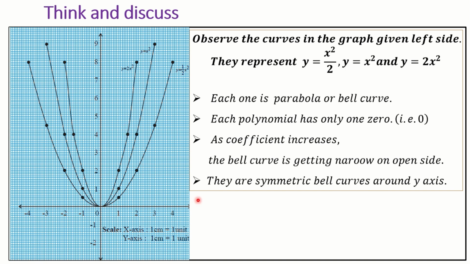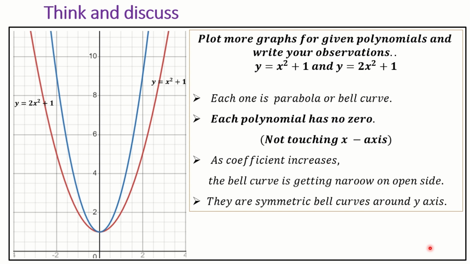So just an observation. Each one is a parabola or bell curve. Each polynomial has only one zero because all are going through zero, right? As the coefficient increases, the bell curve is getting narrow on the open side. They are symmetric bell curves around the axis. So these are the observations which we can make. Next.